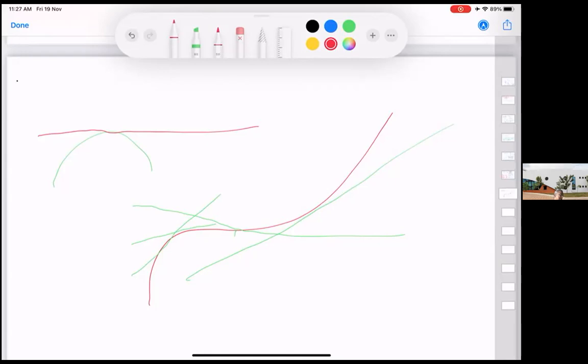Whereas here, what is happening is that the derivative is still parallel to the x-axis because f dash x0 is 0, but the curve is neither to the left nor to the right. One side it is below, one side it is above, and that is why it is neither minima nor maxima. Okay.